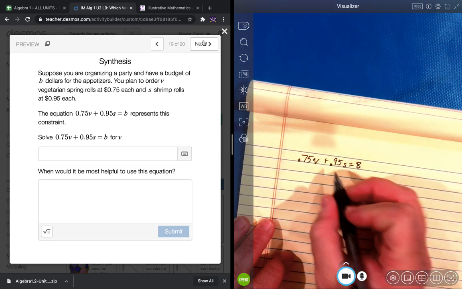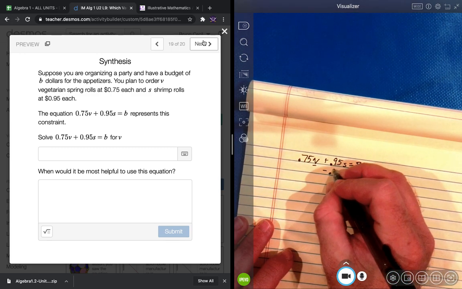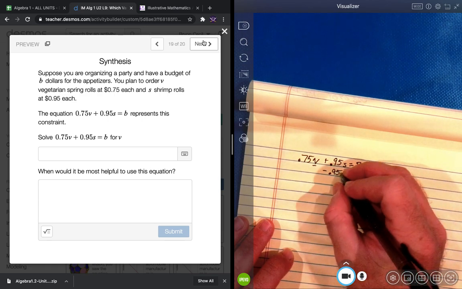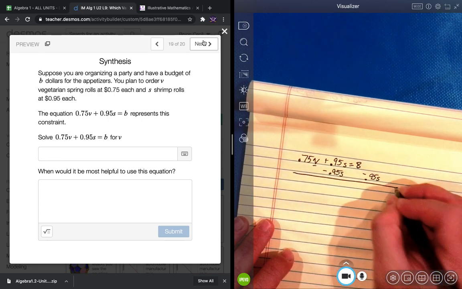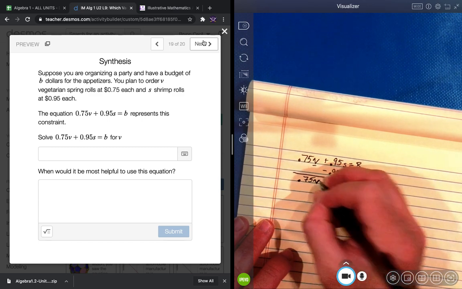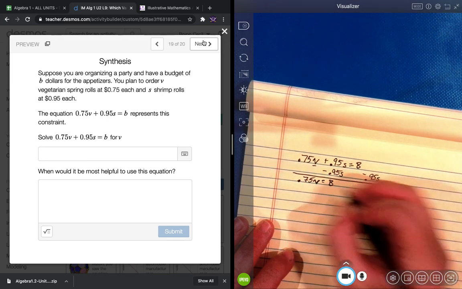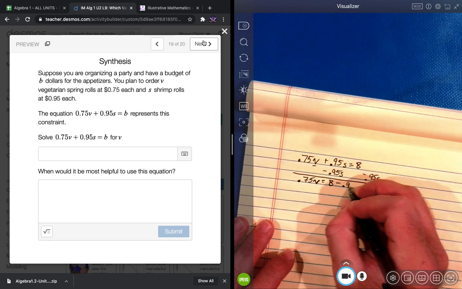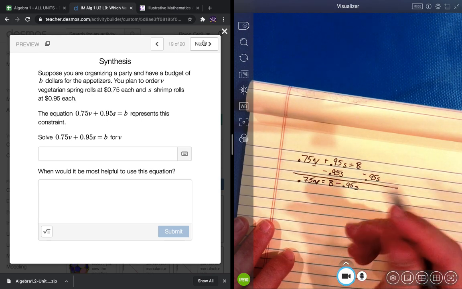Now we've got to solve for V. So the first thing we're going to do is we're going to subtract the 0.95S from both sides. And so I'm going to get 75 cents for a veggie roll equals our budget minus the shrimp rolls.